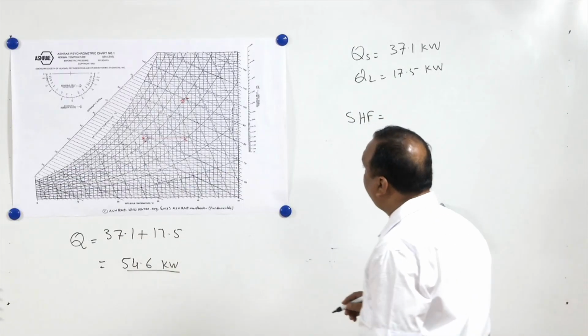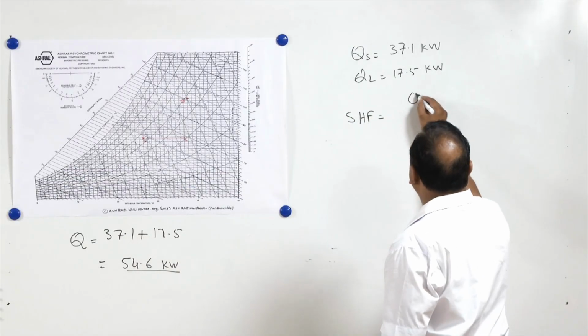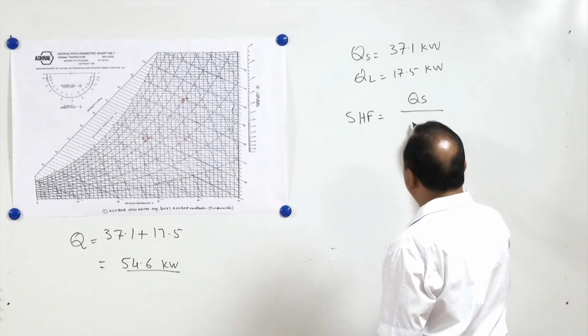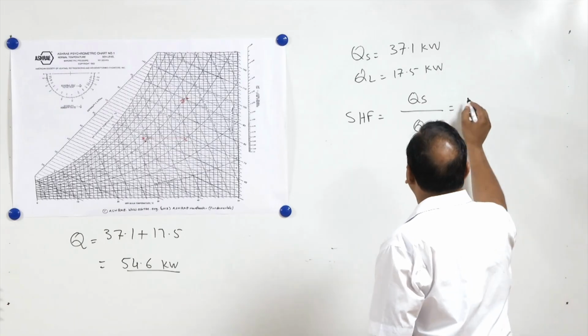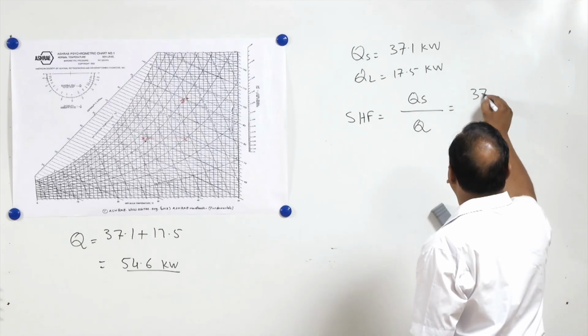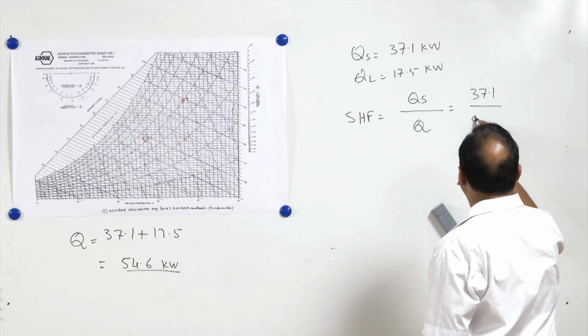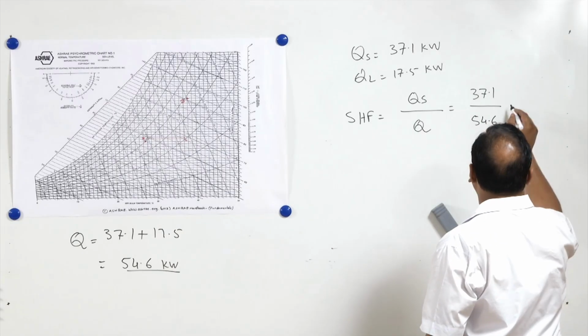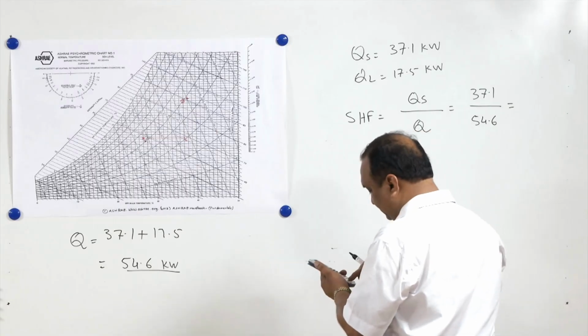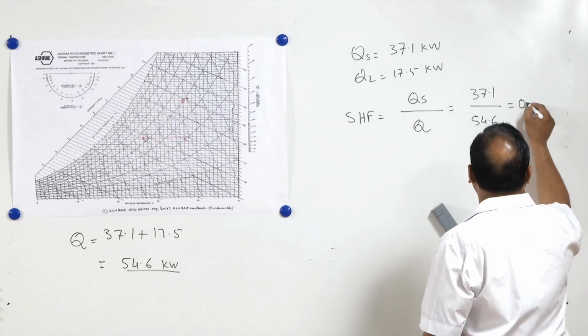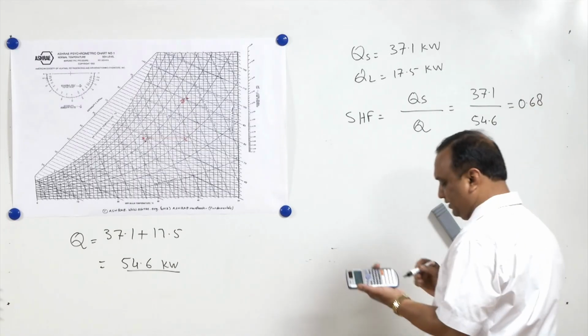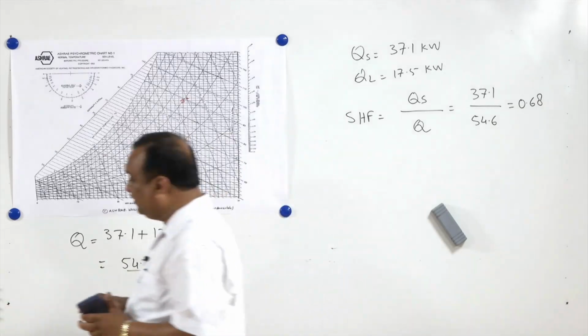The sensible heat factor is sensible heat divided by total heat. Sensible heat here is 37.1 divided by total heat 54.6, and this will give the sensible heat factor as 0.68.